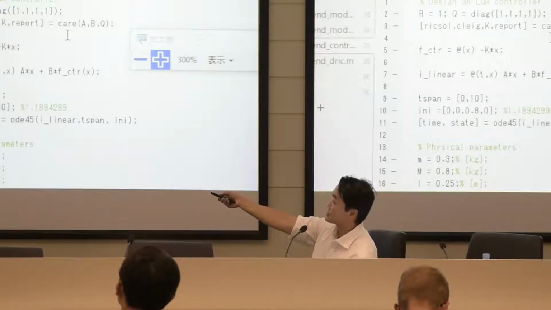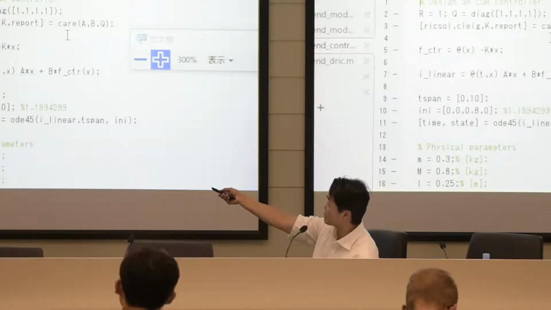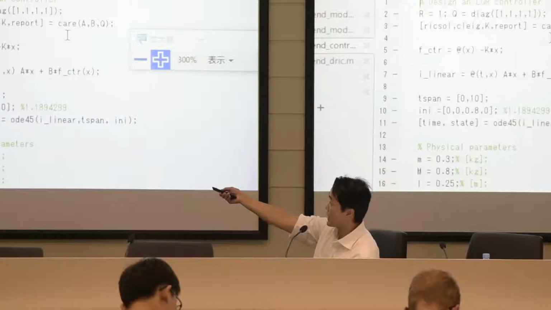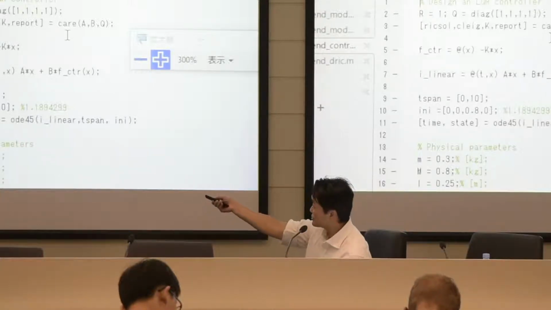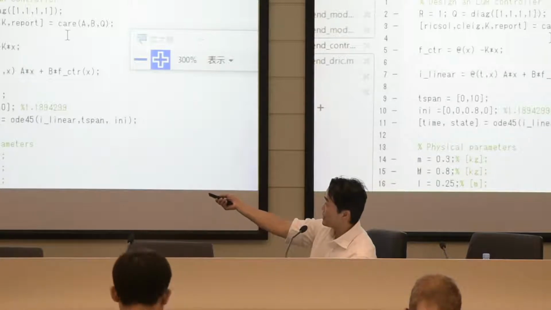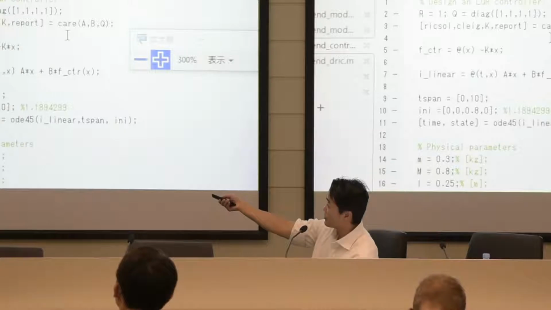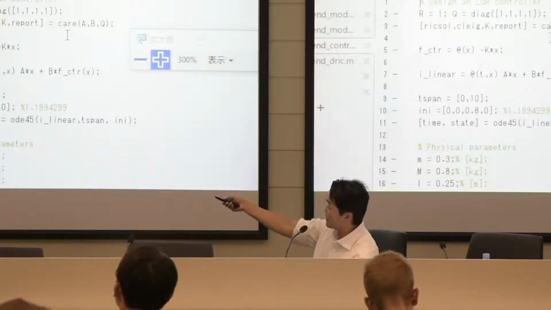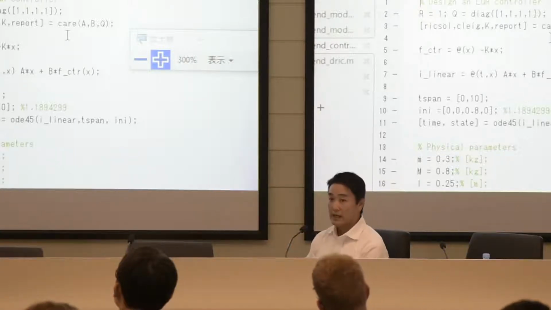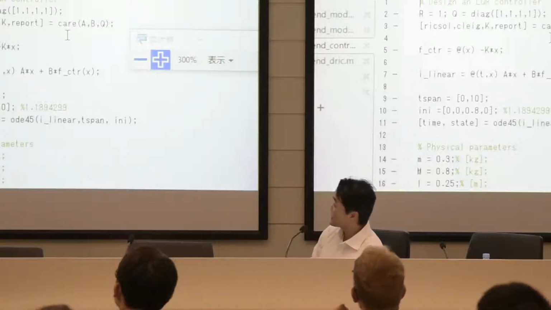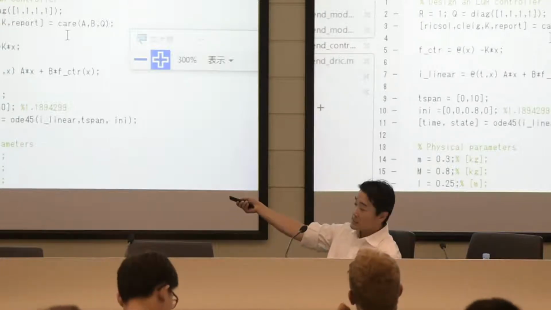And this is the span of simulation, so from 0 to 10 seconds. This is the initial condition. So first, the cart position is 0, cart velocity is 0. The angle of the pendulum is tilted 0.8 radian, not degree.